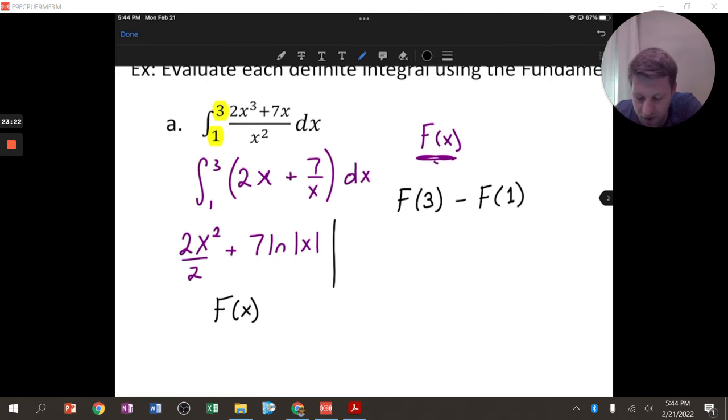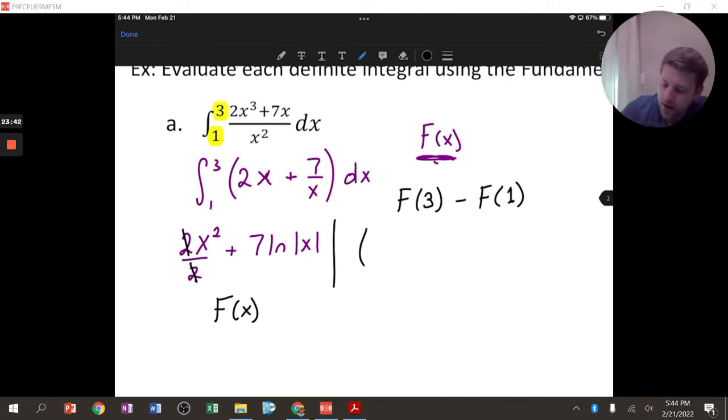So we can go ahead and try this out. So certainly when we look at capital F of x, these 2's in the front, we can cancel those and we'll just have x squared. So let's apply our fundamental theorem. Again, we'll evaluate the first 3.